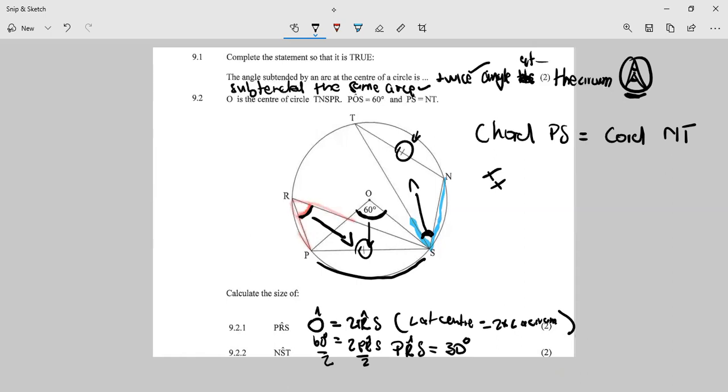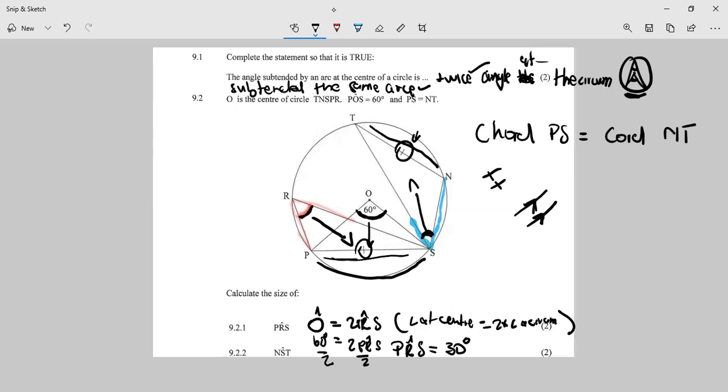That is different from when two lines are parallel, which is shown with an arrow-shaped mark. But if it's just a straight line like this one, they're indicating that they are equal. So here they're telling us that chord PS, this one over here, is equal to chord NT, that one over there.